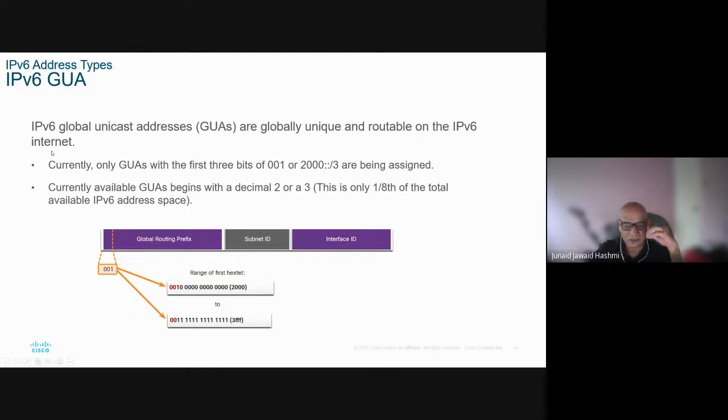The same organization that assigns IP version 4 addresses also assigns IP version 6 addresses, and billions of IP version 6 addresses are available.